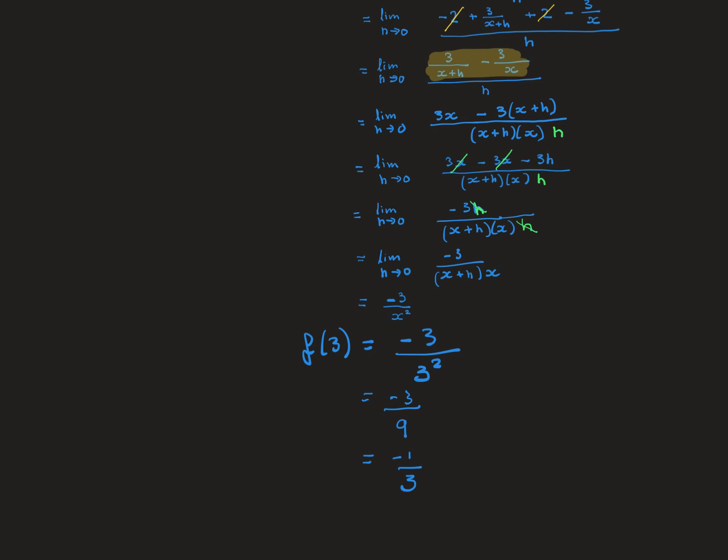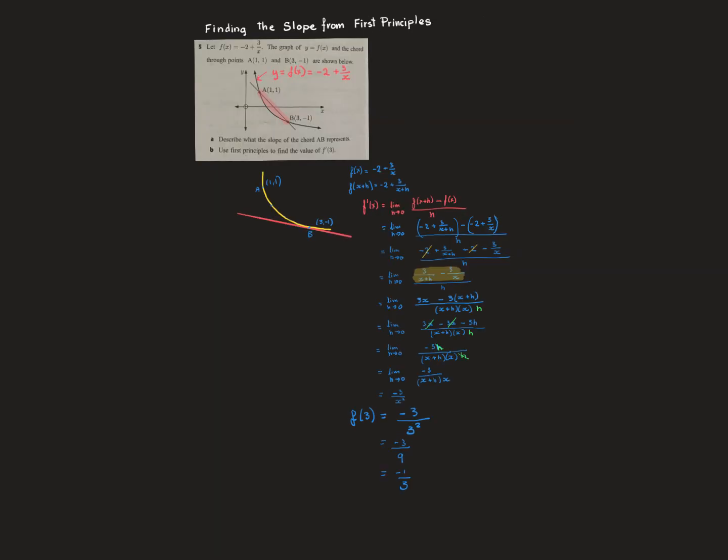Once again, the negative sign indicates that the slope is negative. And there you have the whole question on the screen.